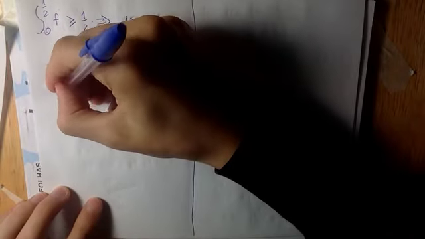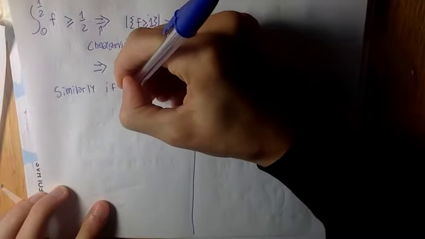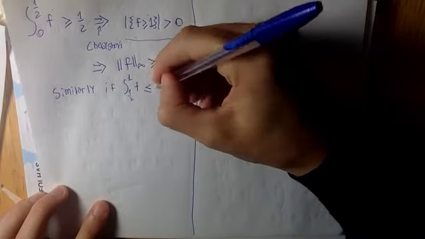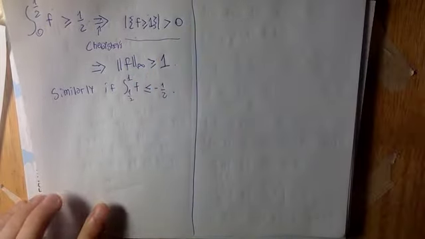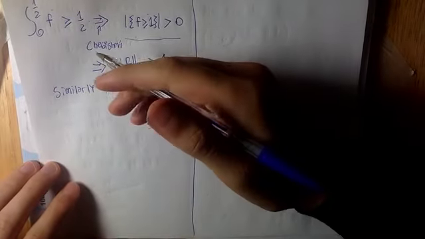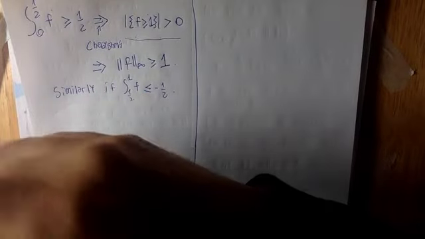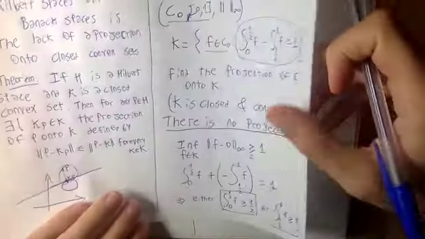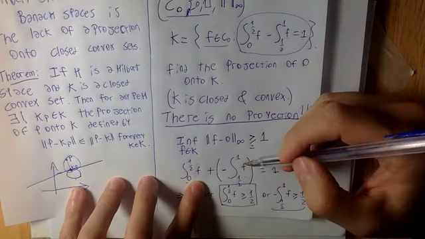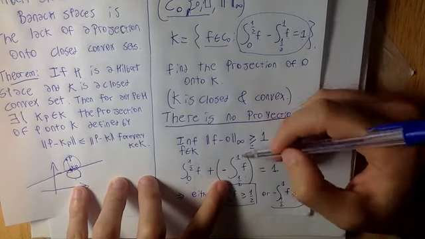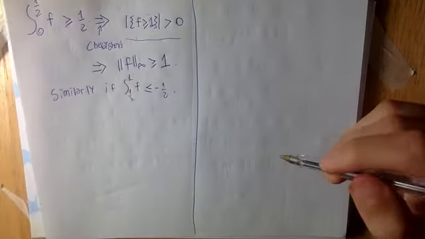Similarly, if the integral from 1/2 to 1 of f is less or equal than minus 1/2. Now the point is which one is the infimum here. We have to have this condition, the integral from 0 to 1/2 of f minus the integral from 1/2 to 1 of f is equal to 1.